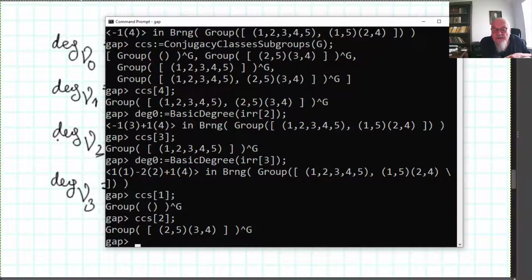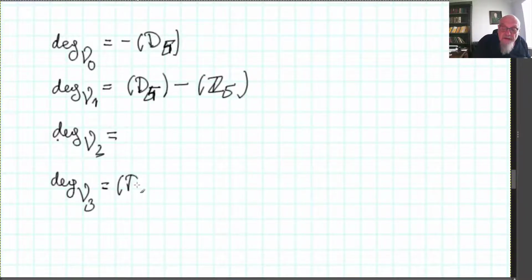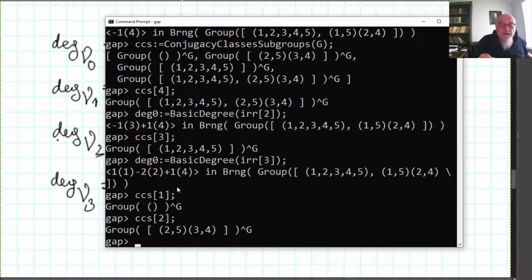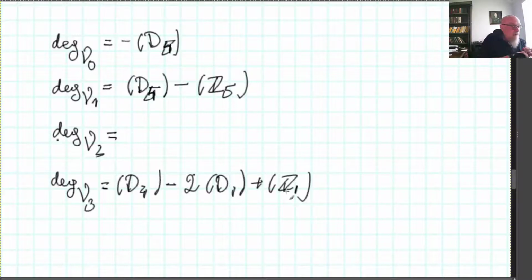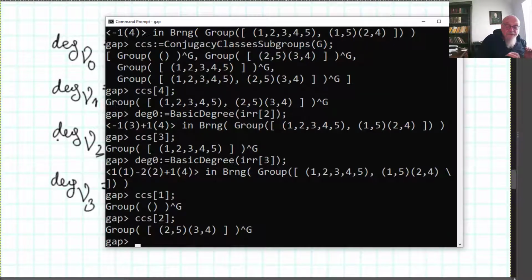So this is D1 and trivial. So the number 3 is equal to D5, is this 1? Let me check it. I don't remember. 2. So this is 2 times D1 plus Z1. Very good. So let's go and finish the list.